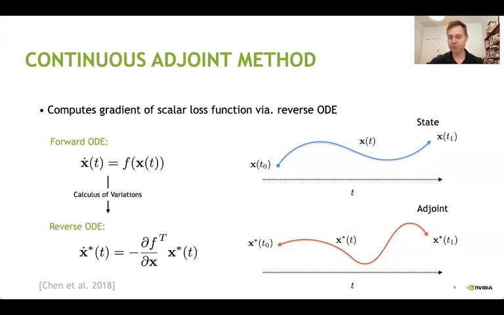At the top in blue, we have the forward dynamics going forward in time. And on the bottom, we have the adjoint, which is taking our gradients backwards in time back to that initial state. I won't go into too much detail on this, partly because I find the continuous adjoint method much less intuitive than some other methods. But this was the basis for the quite popular neural ODEs paper that was at NeurIPS a few years ago. So that's worth a read if you're interested in this method.